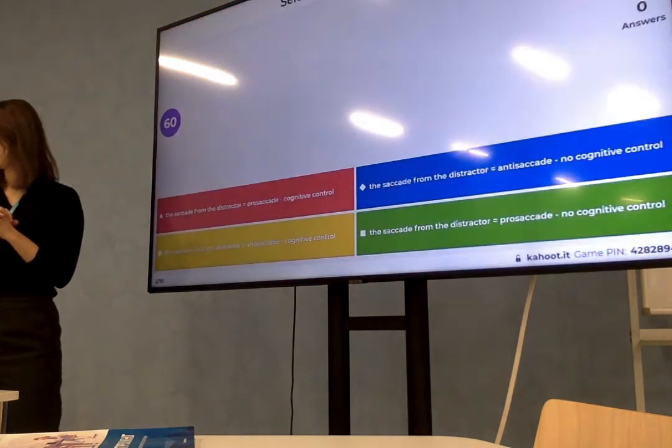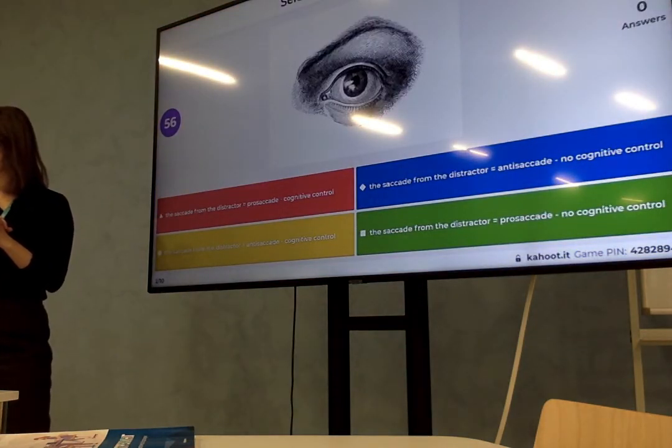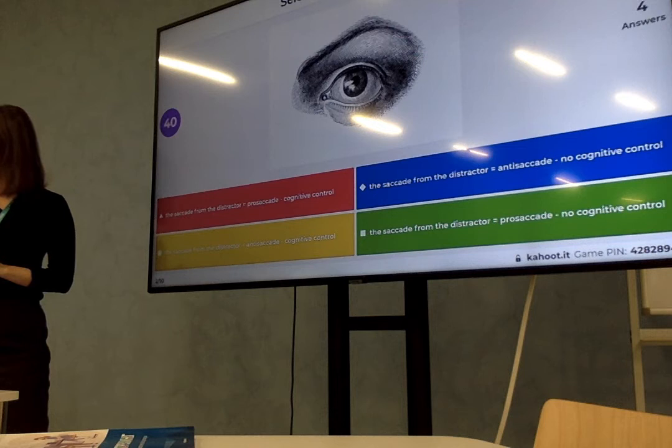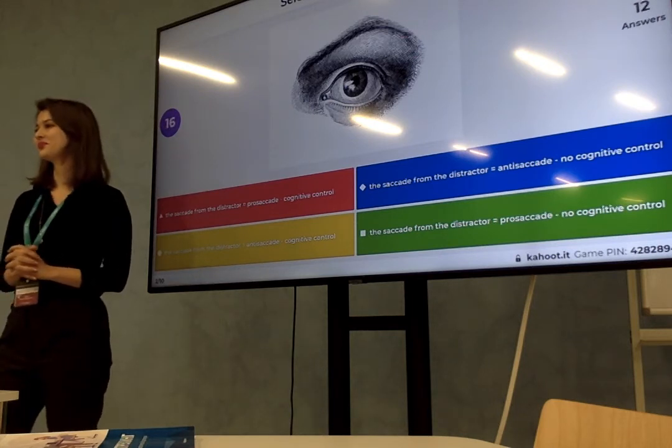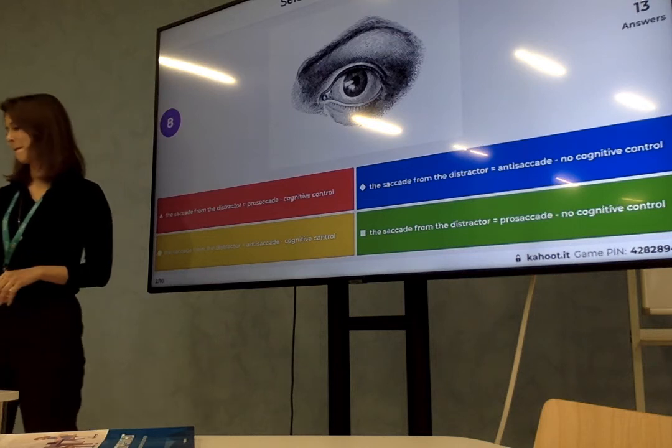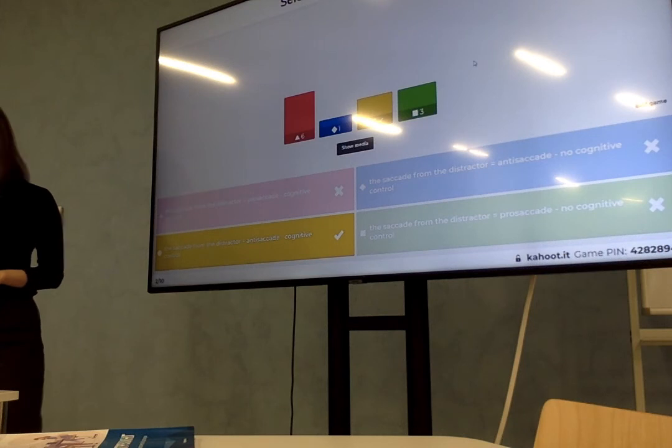Select correct connection. Okay, only 3 correct.